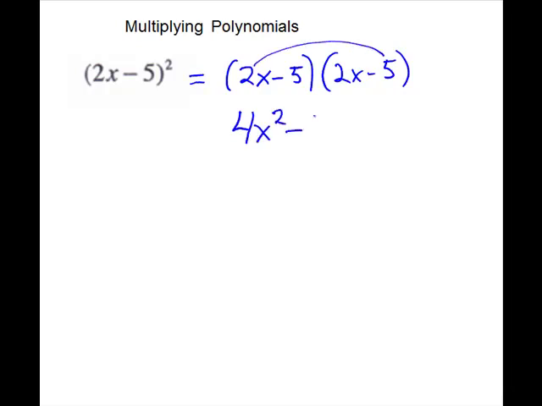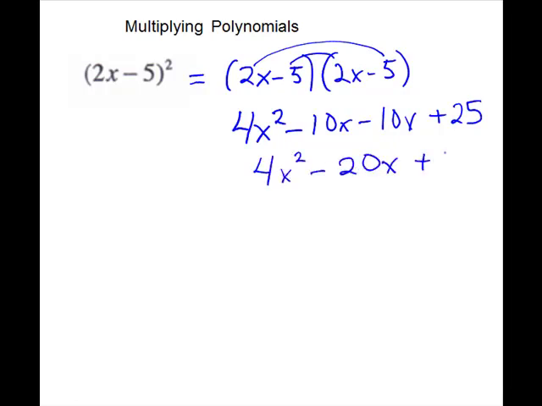Outside, minus 10x. Inside, minus 10x. And last, plus 25. Now, what's your signs? These do not cancel. They're going to add together. So, 4x squared minus 20x plus 25.